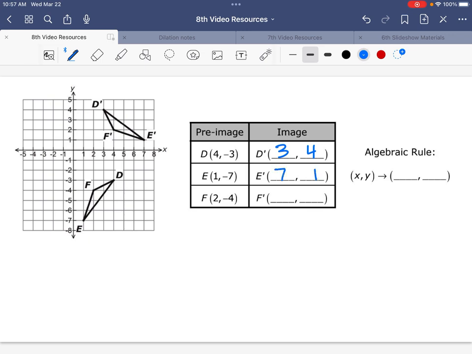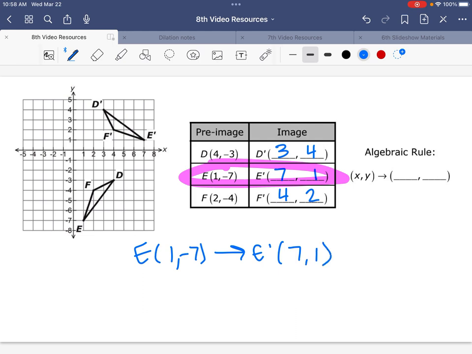F prime is located at (4, 2). And again, I'm just going to look at one point, so I'm going to take a look at E this time. And point E started at (1, -7), and then was rotated to become E prime at (7, 1).